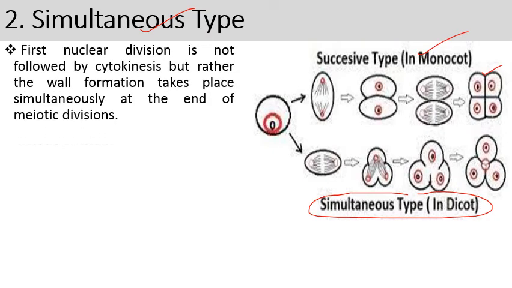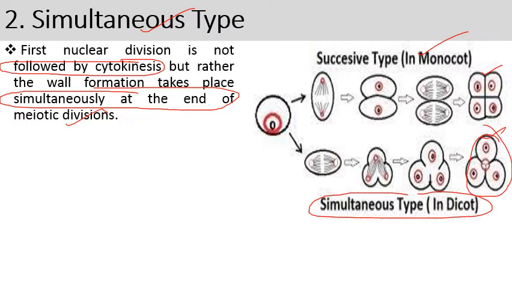First nuclear division is not followed by cytokinesis. इसमें immediately cytokinesis नहीं होता है, but rather the wall formation takes place simultaneously at the end of meiotic division. जैसे ही meiosis division end होता है वैसे ही इसमें wall formation होती है at the end of Meiosis-II, that we can see in this photograph.